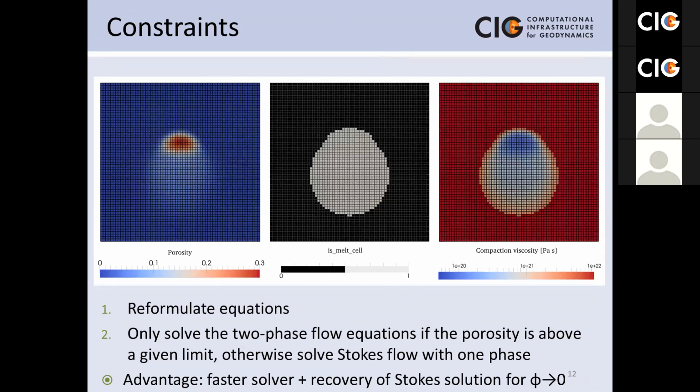So all of your models with melt transport should be much faster, in particular if you have a model where a large region of the domain doesn't have any melt, and there's only a small part where there's melt. And the other advantage is that we recover the Stokes system for 0 porosity. So that's the part about the linear solver.